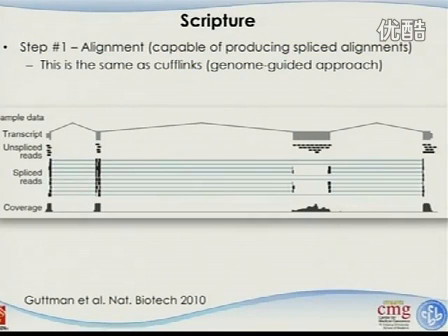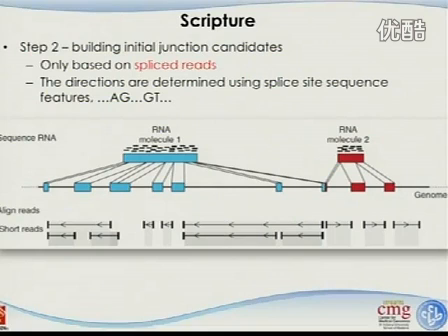And the first step is very similar. It's alignment, the same as Cufflinks. You also need to pick the aligner that's capable of producing spliced alignments, such as TopHat or things like that. So you can see in the figure some of the reads here, and there are some junction reads connecting these 2 parts.